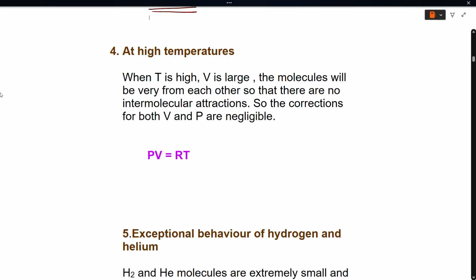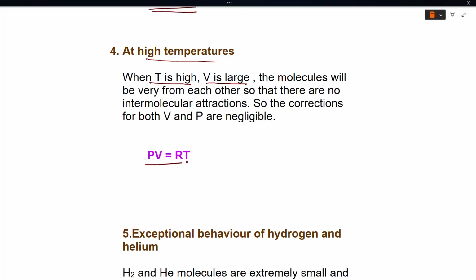Now, we are going to the condition of high temperature. Again, when temperature is very high, volume is very large. Just as in the case, the volume is very large means B is negligible. Again, when the molecules are very far apart, they do not have intermolecular force of attraction, and therefore, the pressure correction also vanishes.